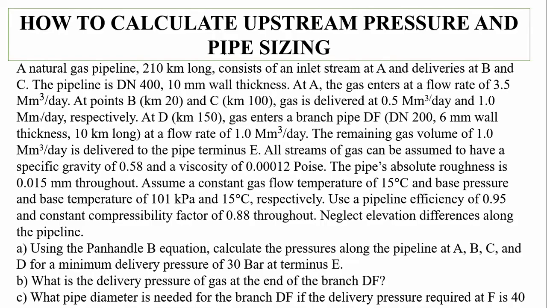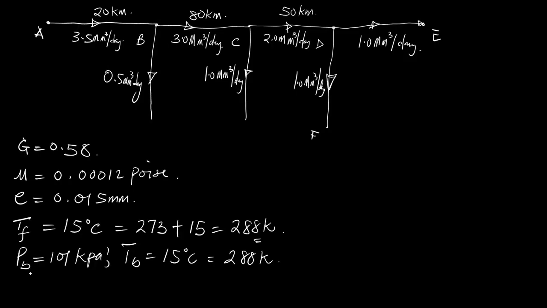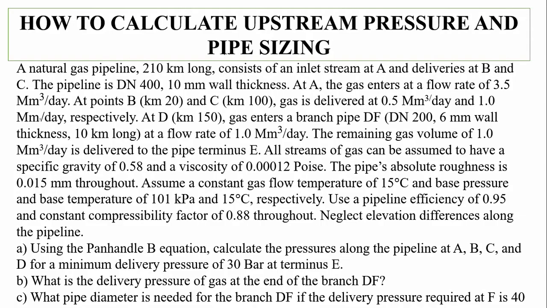Now using a pipeline efficiency of 0.95, so our E is equal to 0.95, and a constant compressibility factor of 0.88 throughout. Neglect elevation difference along the pipeline.